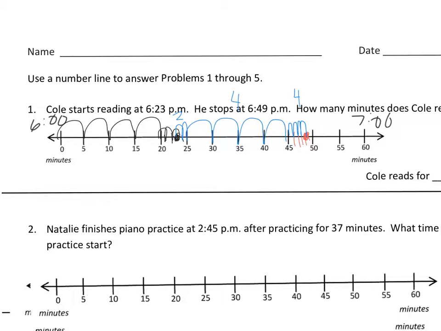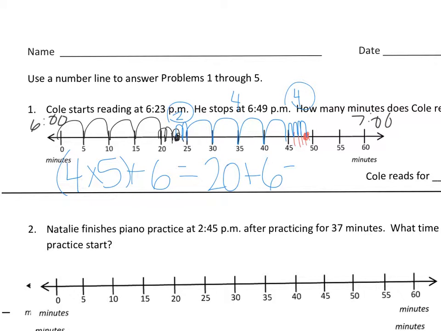So that means I have 4 times 5 for my big 5-minute jumps, plus 6, 2 minutes here and 4 minutes here, equals 4 times 5 is 20, plus 6 equals 26.